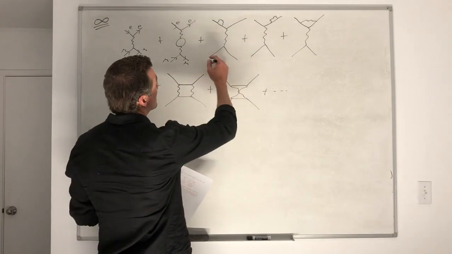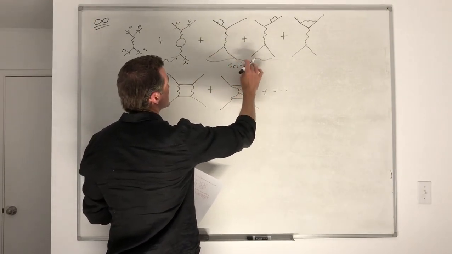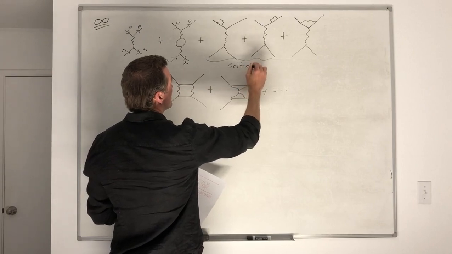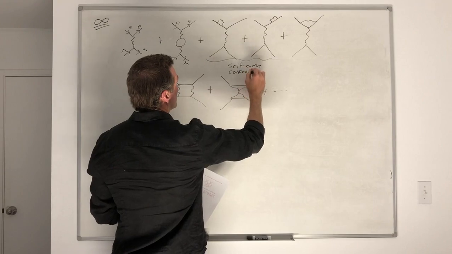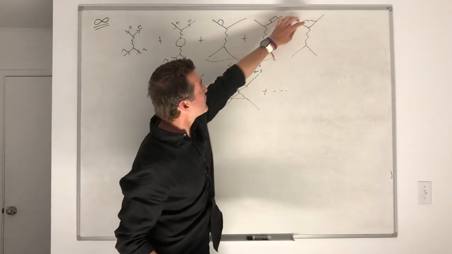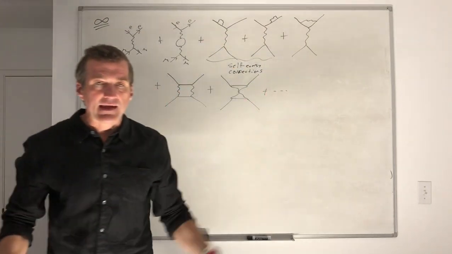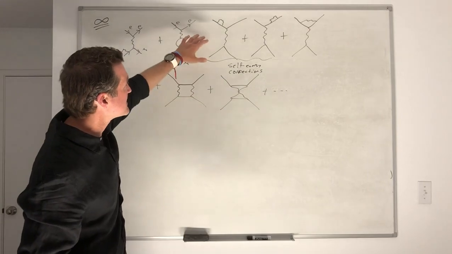This one, or these two, correspond to self-energy corrections of the electron. I could have drawn these three loops on the bottom as well, and then in that case it would have corresponded to the same shift in the muons, but I'm just doing the electrons as an example.